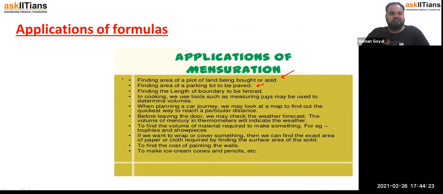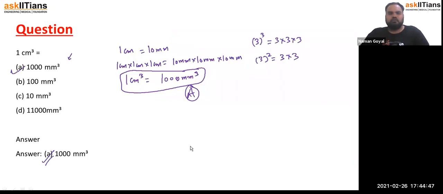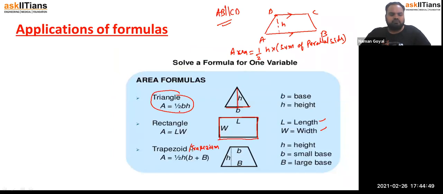In these types of questions we are going to use these formulas. Next is finding the length of a boundary to be fenced. In cooking, tools such as measuring jugs may be used to determine volume. See, the volume part is not in your course now. So there are some places where we are going to use these formulas, and we are going to do some questions related to that topic.